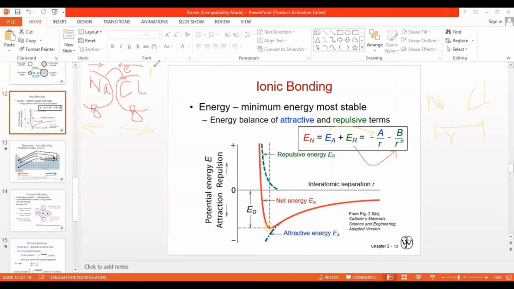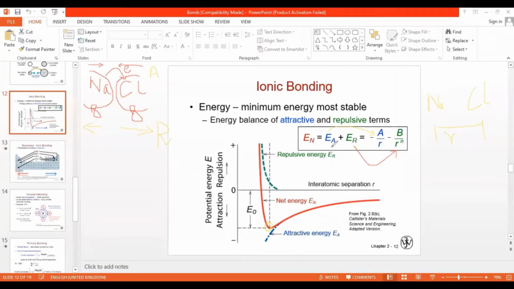So here we have the attraction energy, and here we have the repulsion energy. Once the attraction and repulsion are accounted for, we will have the net energy, which is the total energy. What I have shown in this blue dotted line is the attractive energy, denoted by EA.